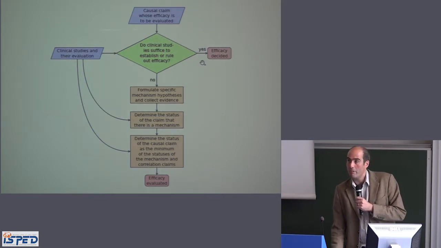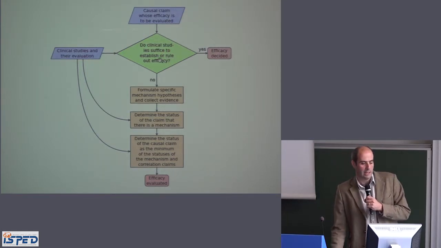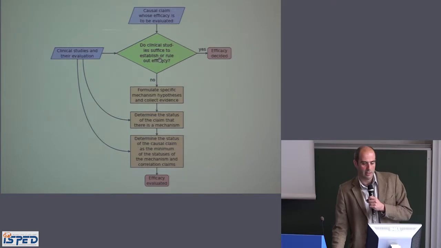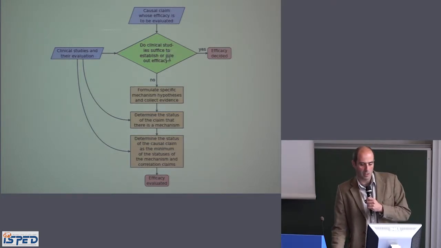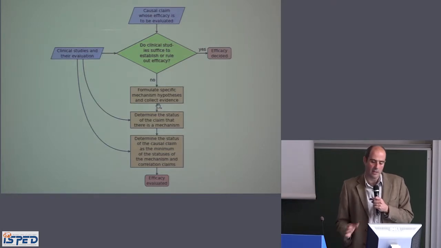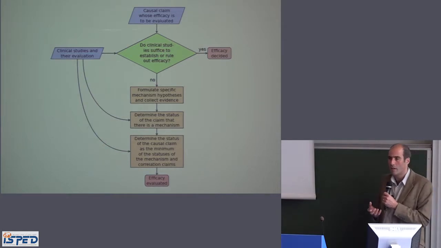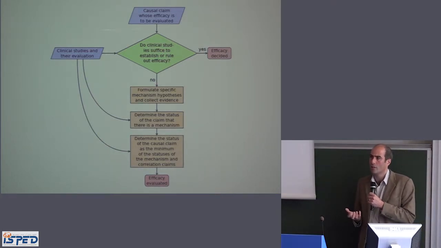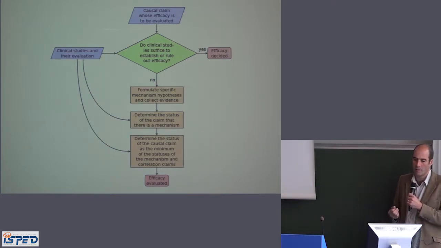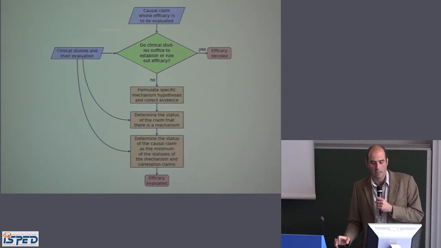However, in many practical cases, clinical studies and observational studies are far from conclusive. In which case, the kind of methods of the book come in, and it makes sense to formulate specific mechanism hypotheses and collect evidence in favor or against those specific mechanism hypotheses.